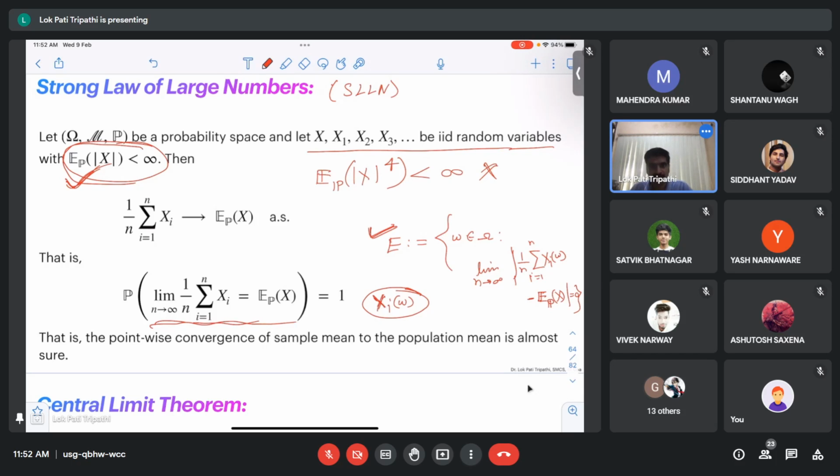The probability of occurrence of this event is 1. Now the probability of its complement is actually 0.